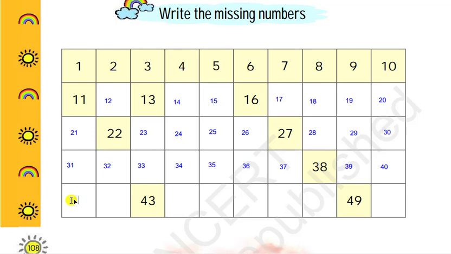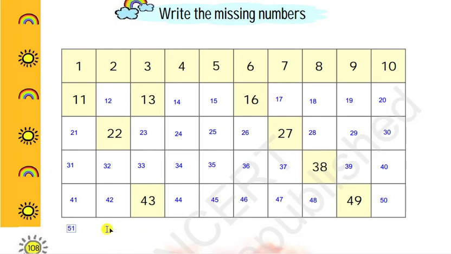After 40 comes 41, next is 42, after that is 43, next will be 44, next is 45, next is 46, next is 47, next is 48, next is 49, finally 50. After 50 what comes, let us see.